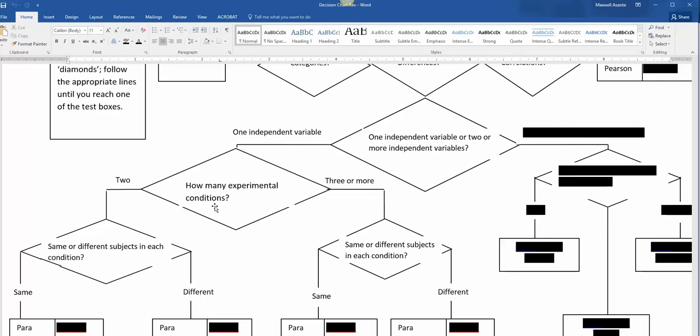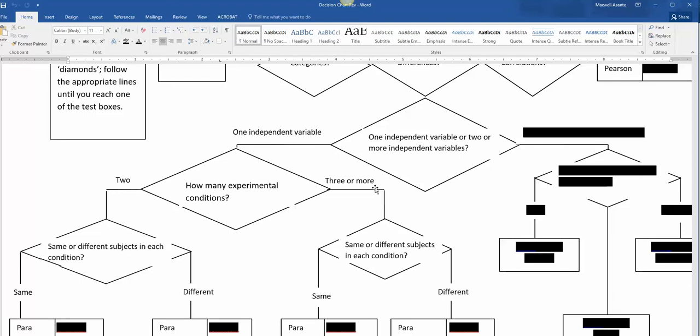But you could also have 3 or more. Depending on what your conditions are, you will have to go either to the left or the right. If you are considering conditions, those are the situations under which the participants in the experiment are being exposed to something.